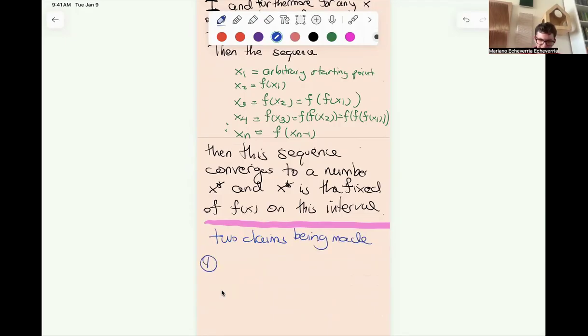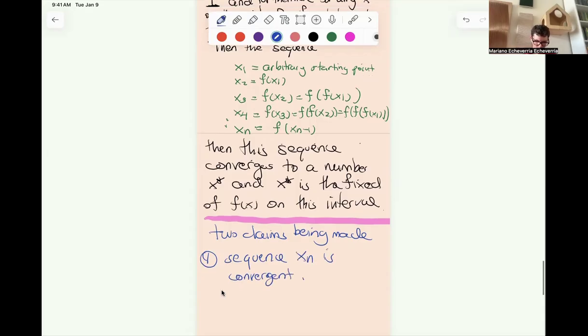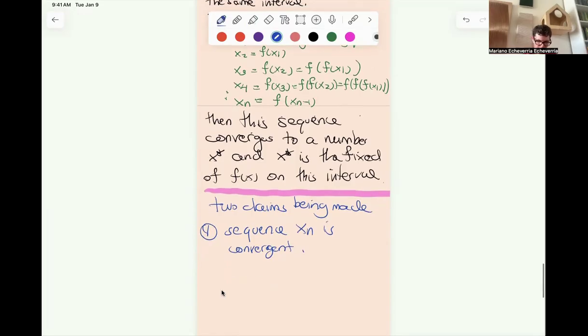Claim one is that the sequence x_n is convergent. Claim two is that the limit that x_n converges to is a fixed point.